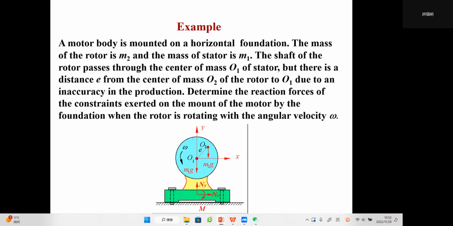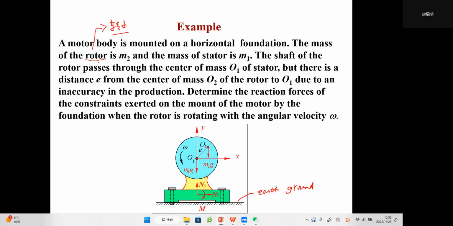So please, you guys look at this picture. A motor body is mounted on a horizontal foundation. You know, we have a horizontal foundation that is Earth's ground, right? It never changes, Earth's ground. So the mass of the rotor, I think in Chinese it means 转子. So what is 转?